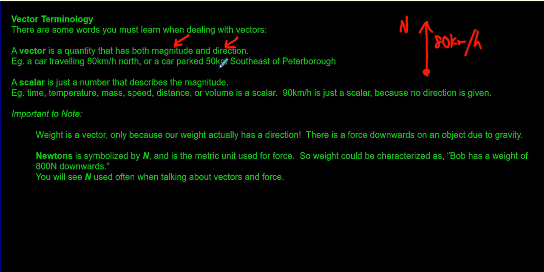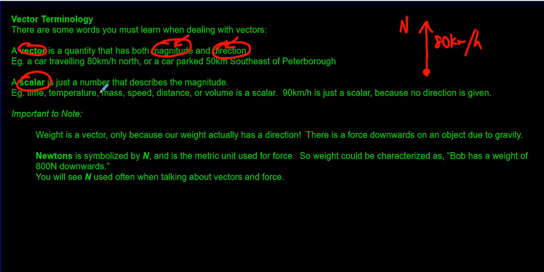Or a car parked 50 kilometers southeast of Peterborough. Well, that offers a magnitude, how far away, and a direction, southeast. Okay? A scalar is just a number. So we've talked about a vector. We've talked about magnitude and direction. And over here we're going to talk about a scalar. A scalar is just a number that describes the magnitude.